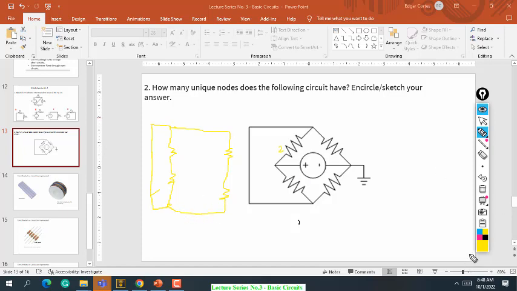Yan, mag-pick og line color ha. Mani ang ground. Ground na siya, no? And this one, mani ang independent voltage source. This is the independent voltage source class.